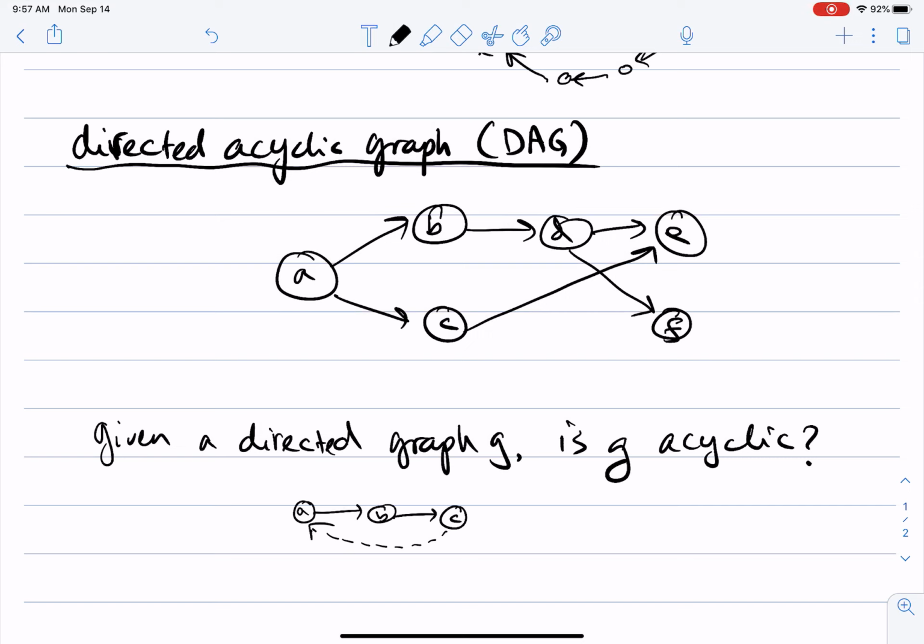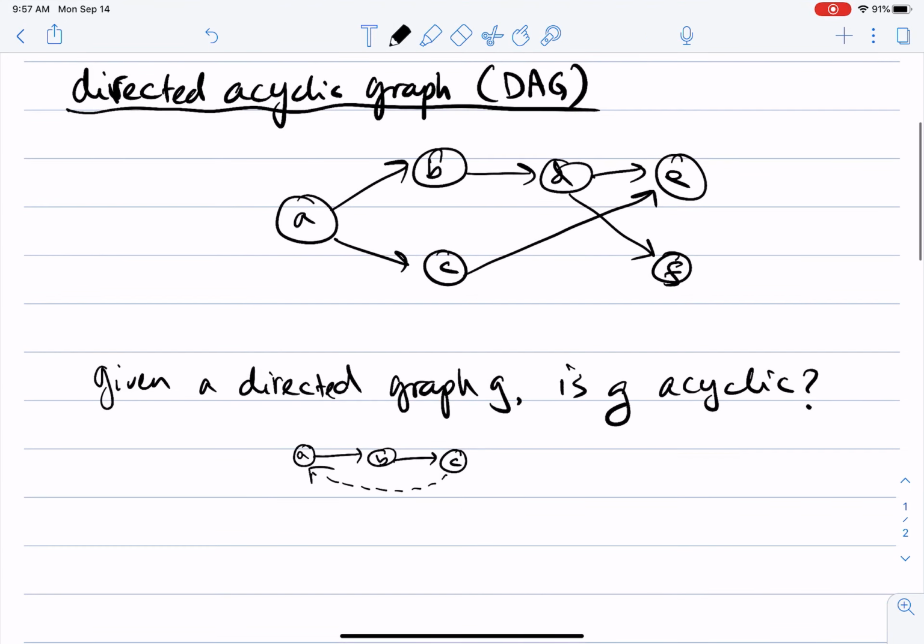So the algorithm for testing whether a graph is acyclic or not is very simple. Run DFS, and as you run DFS, if you find a back edge in the graph, you just return that the graph has a cycle in it. So it's a very, very simple test, and it is a linear time algorithm.